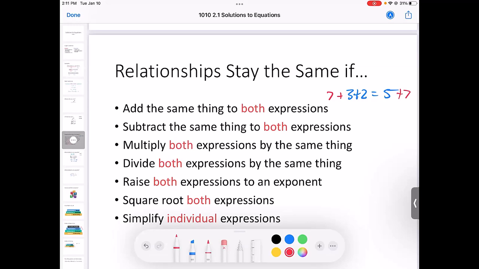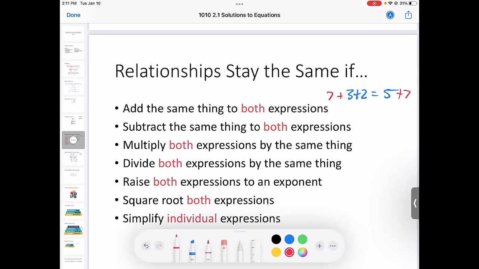This is something that's covered a lot through middle school and high school. But basically we can add, subtract, multiply, divide, or we can also raise both sides to an exponent, or square root or cube root or do the root of both sides. All of those things will keep the relationship the same. And then we can also simplify individual expressions.